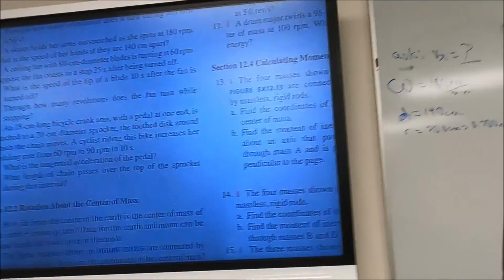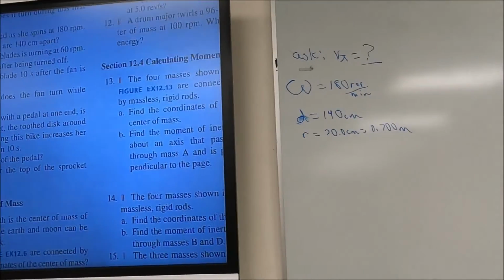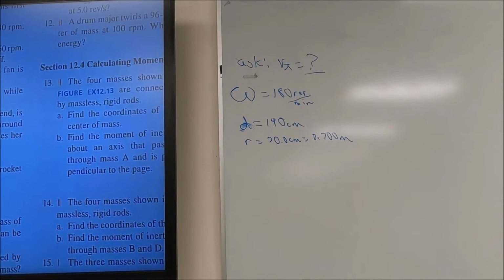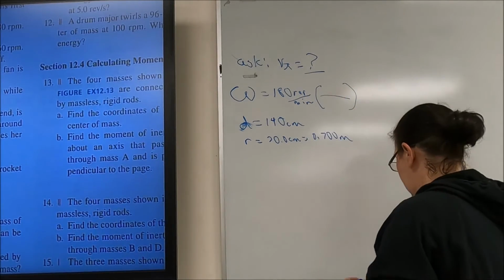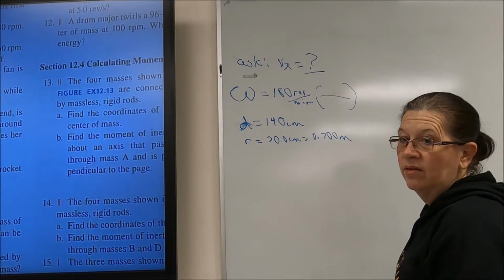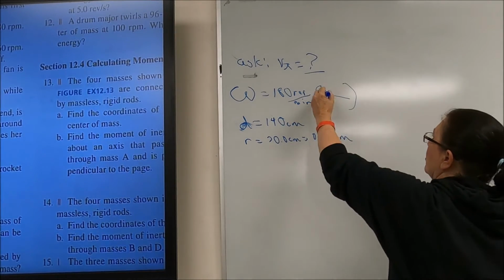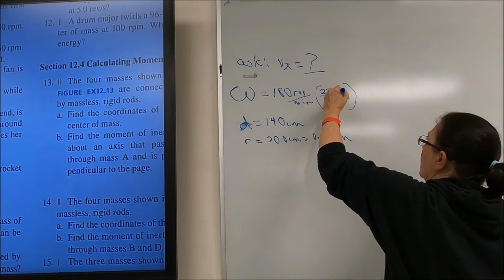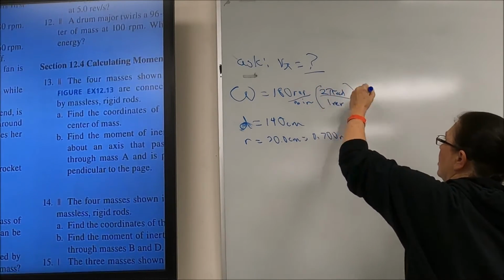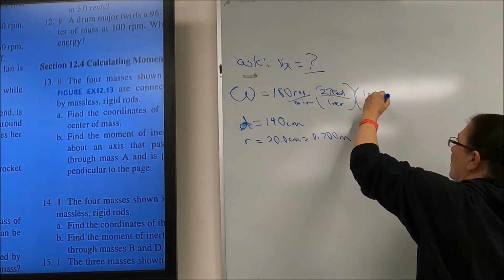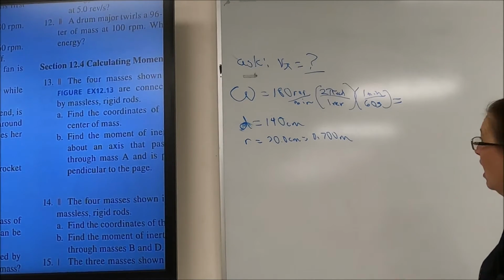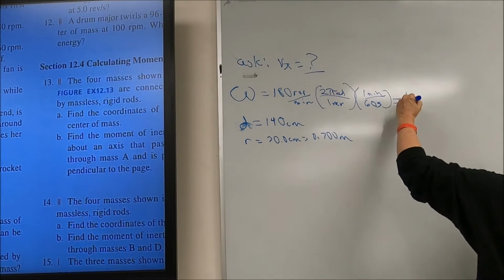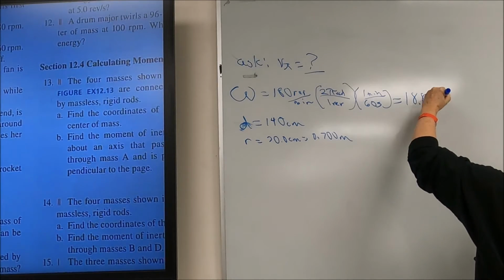All right, guys, let's look at the board. Now, first thing I need to do is I need to get the angular velocity into correct SI units. So there's 2 pi radians for every 1 revolution, and for every 1 minute there is 60 seconds. So 180 times 2 times pi divided by 60 gives me 18.8 radians per second.